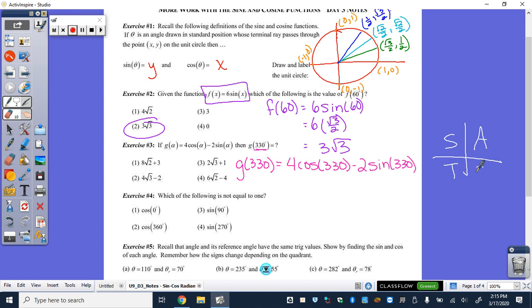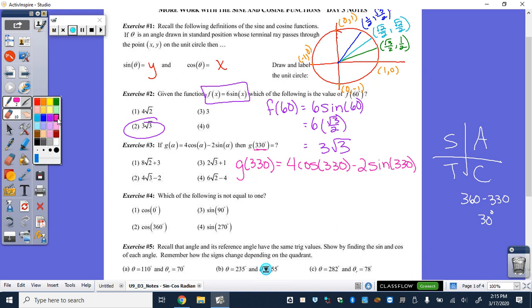All students take calculus. So in quadrant 4, cosine is positive. My reference angle would be 30 because we are in quadrant 4, so we do 360 minus 330. So we have a reference angle here of 30.